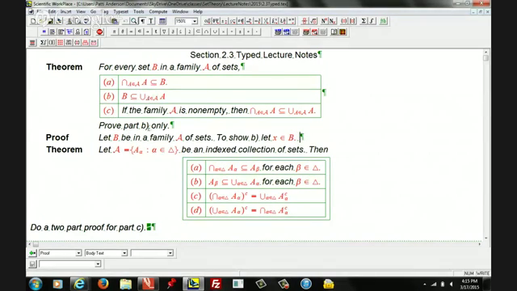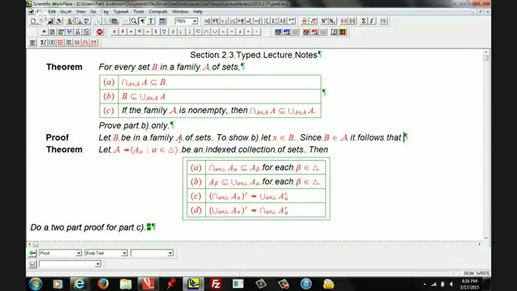We know B is one of these sets in our family of sets A. Since B is an element of A, what do I know?